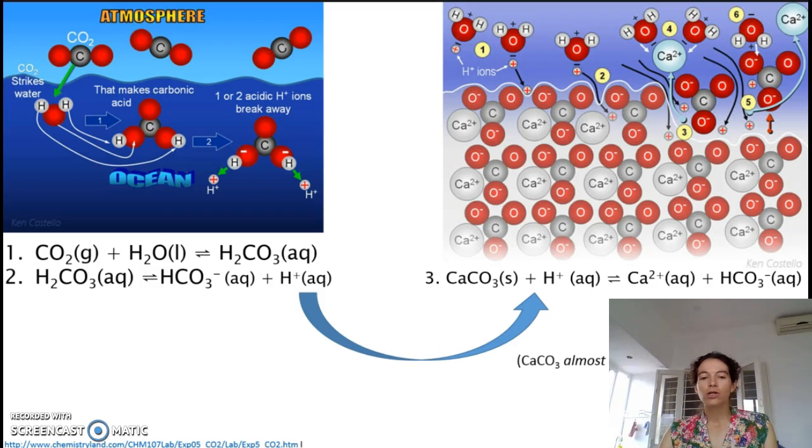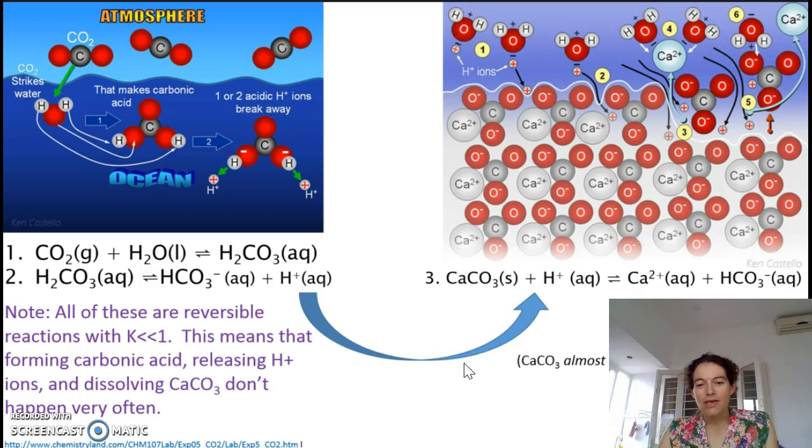Okay, so let's look really quickly back at our reaction with carbonic acid: CO2 dissolving in water to make carbonic acid, breaking apart to release an H+ ion, that H+ ion going and making a mess of calcium carbonate.